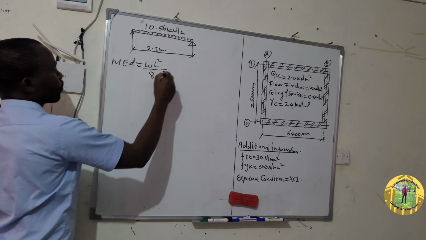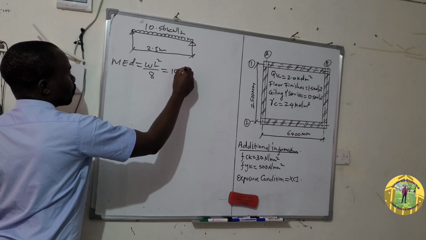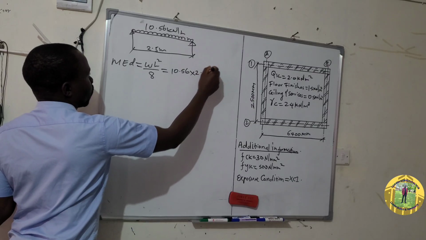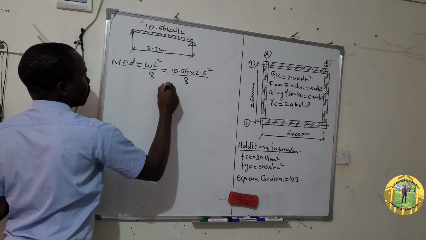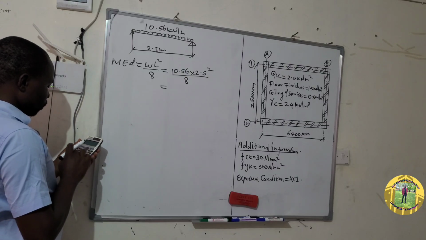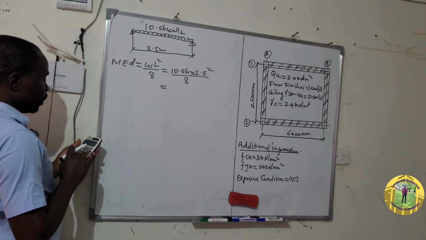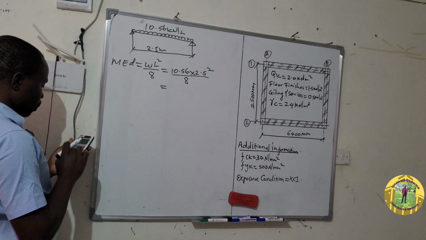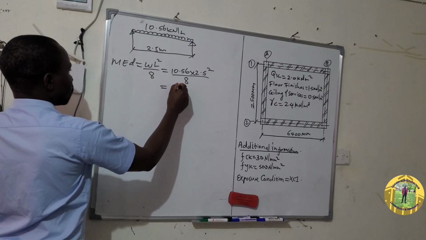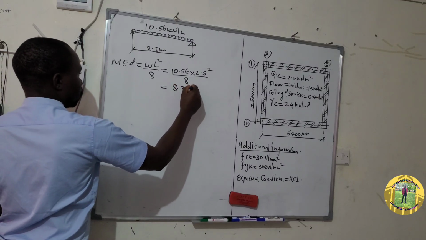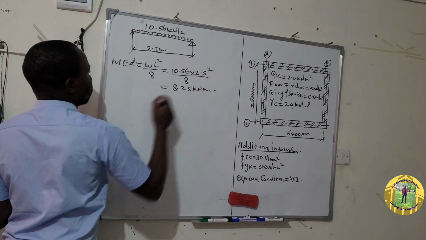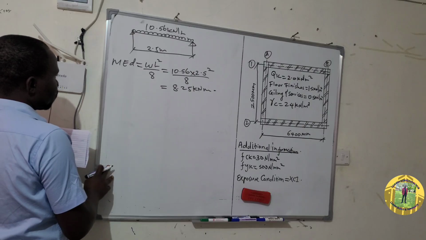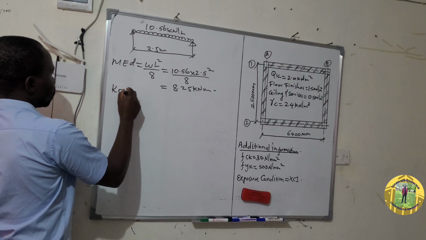So this one is equal to 10.56 times 2.5 square all over 8. So this is 8.25 kilonewton meter.